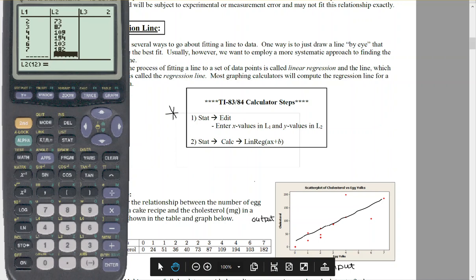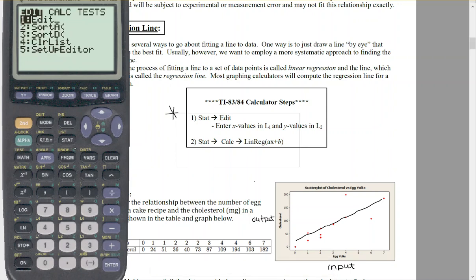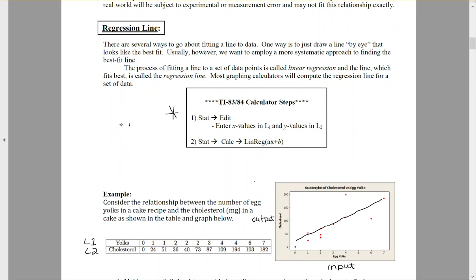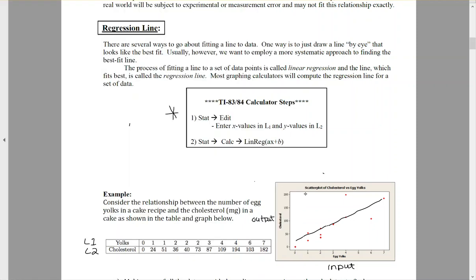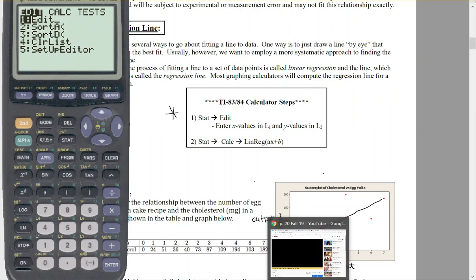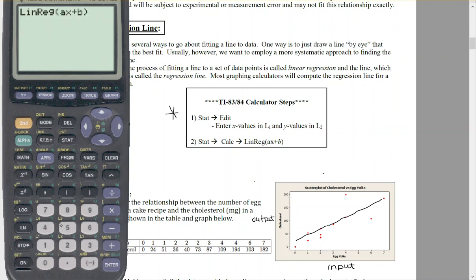Okay, so once I have all my values typed in, I go back to Stat, move over to Calculate. There it is. I want to go down to linear regression, L-I-N-R-E-G, where it's AX plus B, or you can just press the number 4.